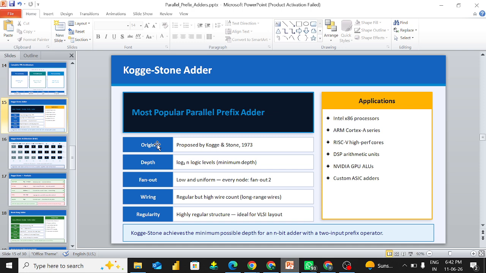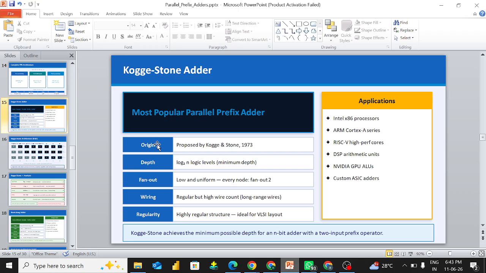Just think, now you have 4-bit inputs. In that, bit 0 and bit 1 both have something called a generate and propagate signal, right? Bit 1 will have one full adder, and bit 0 will have one full adder.